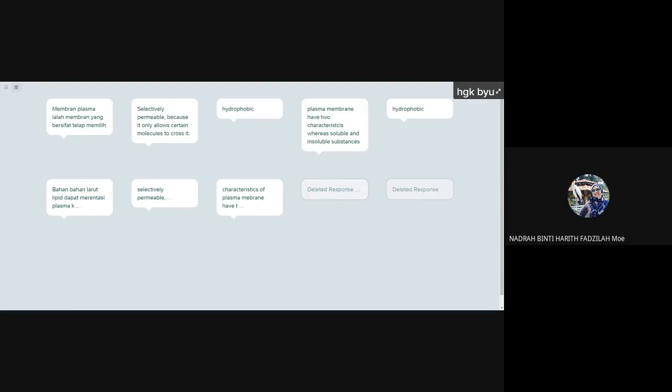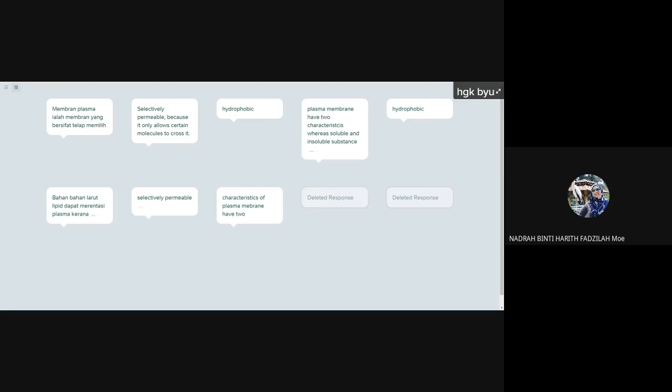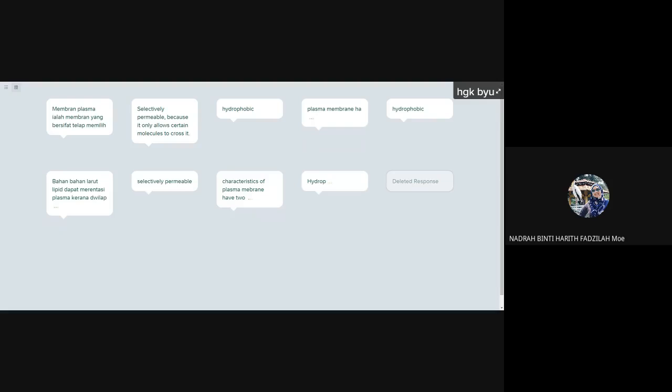Why do you say that? Apa yang dalam rajah tu yang menunjukkan sifat dia telap memilih? Bolehkah kamu gunakan specific examples shown in the diagram? Okay. Kenapa ada substance boleh tembus, ada substance tak boleh tembus?